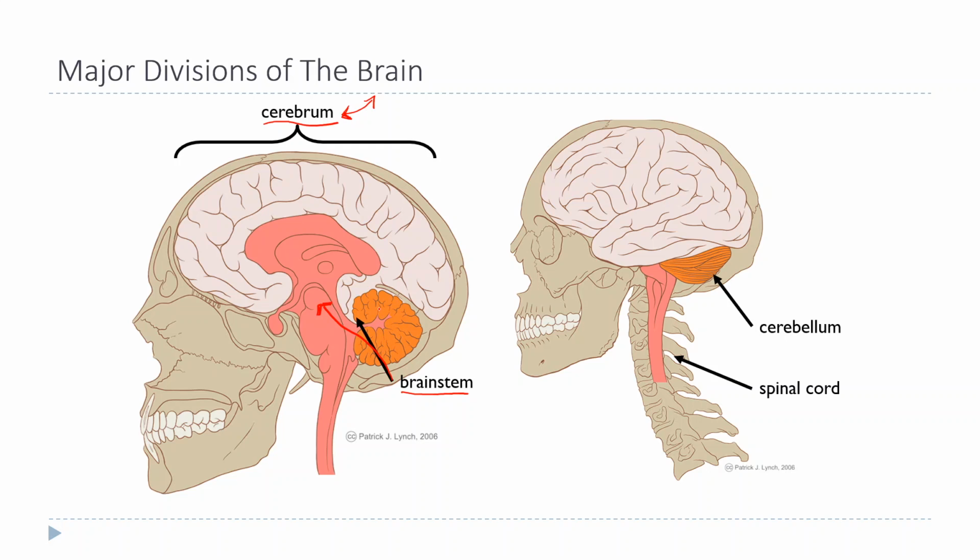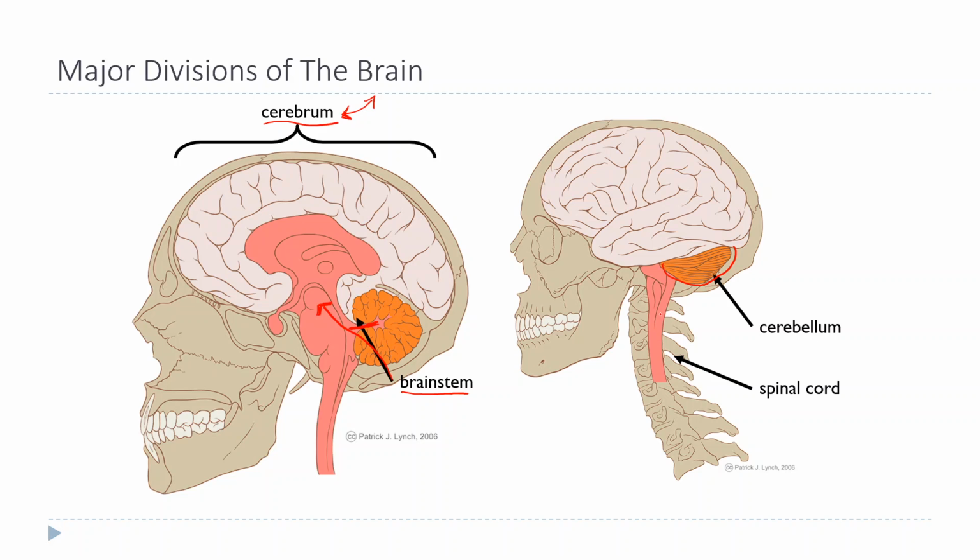The only other major division that we can really identify, at least without either cutting open the brain or doing specialized visualization techniques, is this structure that sits at the base of the brain called the cerebellum. Now the cerebellum, again, sits underneath the posterior part of the cerebral cortex, but in reality, if you cut it in half, you can see that it's connected directly to the brainstem, so it sits on top of the brainstem. And we'll learn about it later, but it's the other major external feature of at least the human brain.